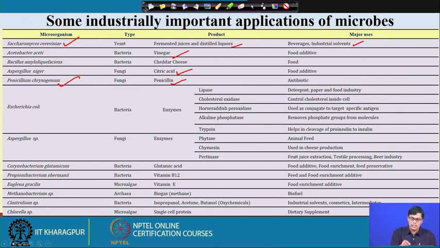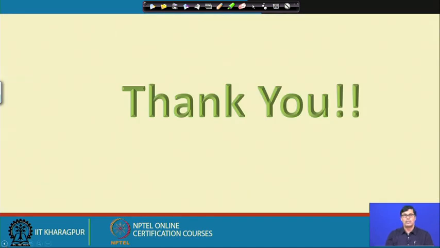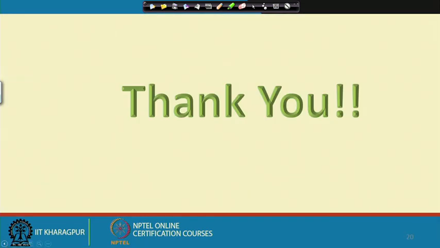So this particular lecture will give you a broad idea of how microbes behave in different ways, and how they differ from each other with respect to their nutrients. Some organisms require carbon dioxide as a carbon source, some require inorganic carbon, and some require organic carbon.